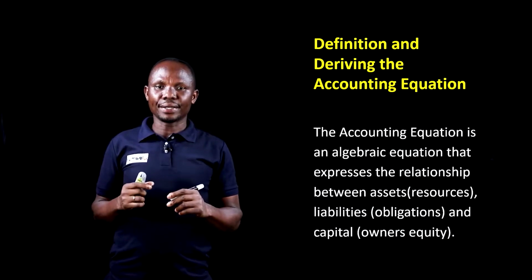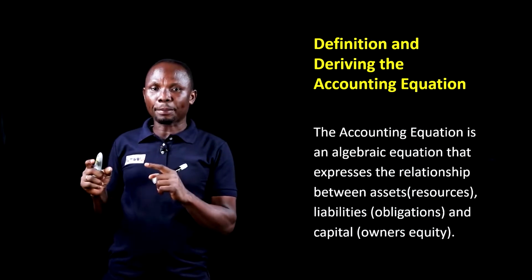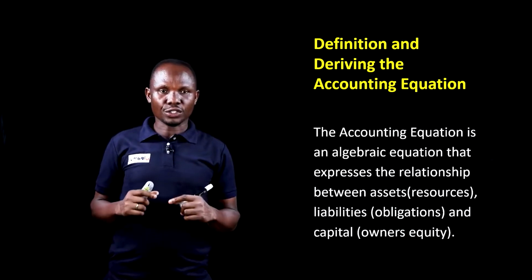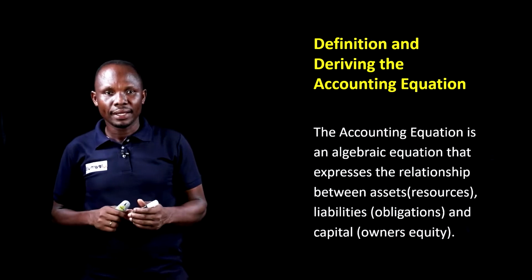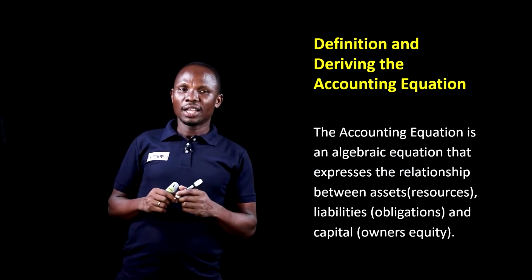The totality of financial accounting depends on the simple equation called the accounting equation, or sometimes also called the balance sheet equation. Let us now look at the accounting equation.